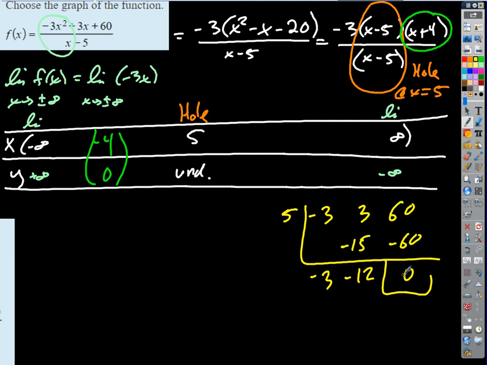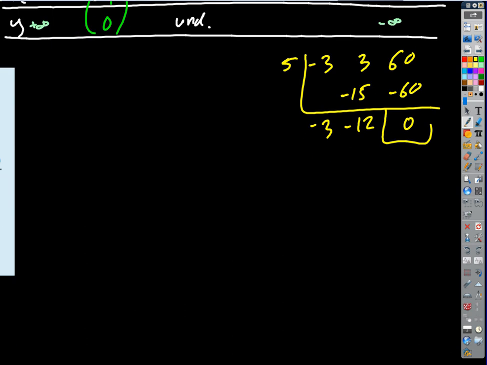Okay, so in this case, 5 is a 0, and we knew it was a factor of the function because they canceled, didn't they, right? So we end up with f of x. This tells us that f of x is just equal to -3x minus 12 with no remainder, right? So that's our slant asymptote, isn't it? We don't even get a remainder on this one.